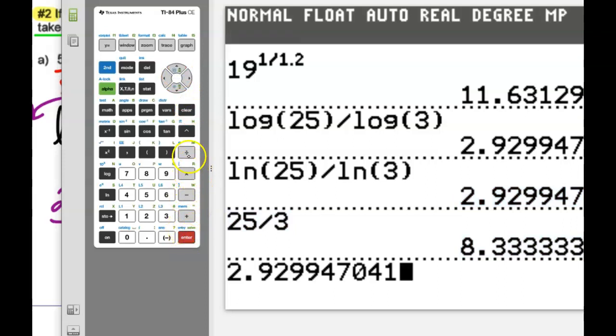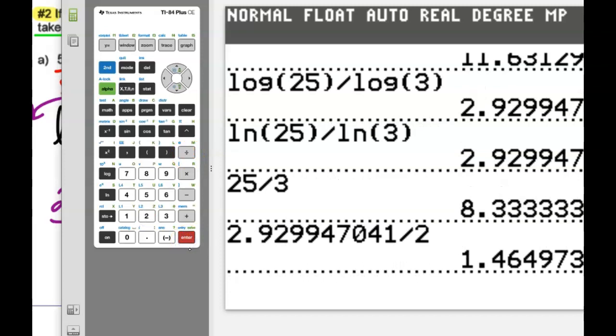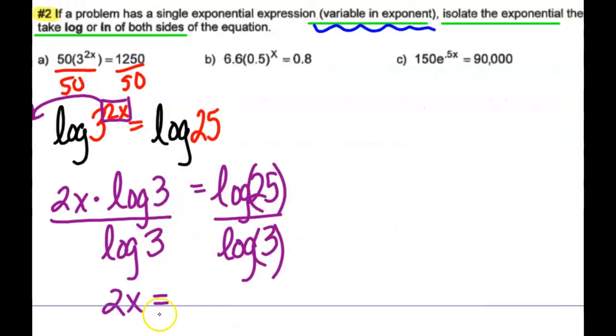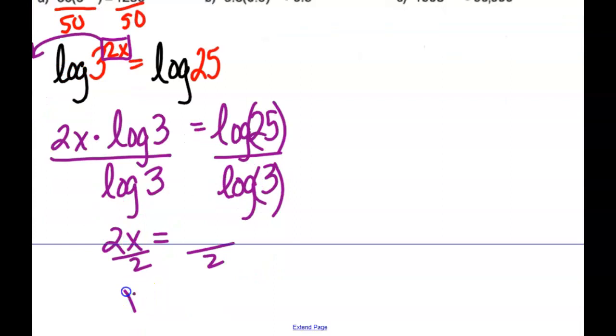Wasn't it just divide by 2? So 1.465. Now, if you rounded earlier in the problem, could you be off by a tiny bit at the end? Yes, for sure. And that's not going to bother me.